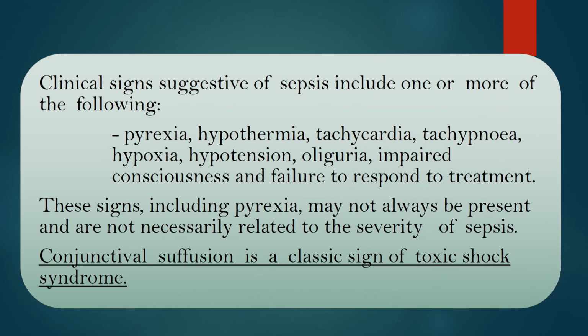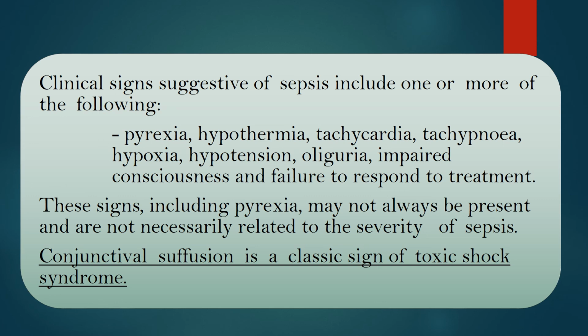Clinical signs suggestive of sepsis include one or more of the following: pyrexia, hypothermia, tachycardia, tachypnea, hypoxia, hypotension, oliguria, impaired consciousness, and failure to respond to treatment. These signs, including pyrexia, may not always be present and are not necessarily related to the severity of sepsis.